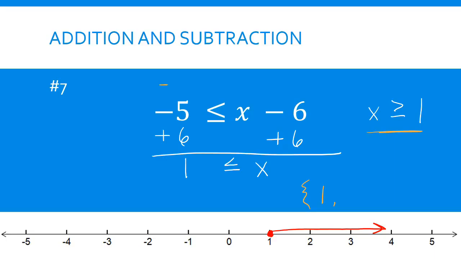Let's write that out so we can see it better. Negative 5 is less than or equal to negative 4, so we know that 2 works. We can continue the pattern.